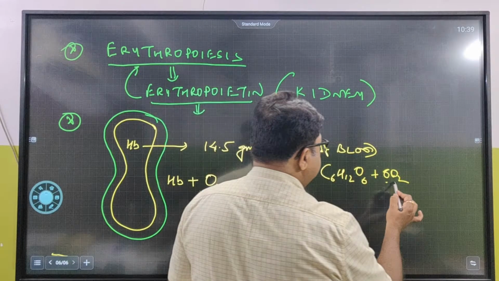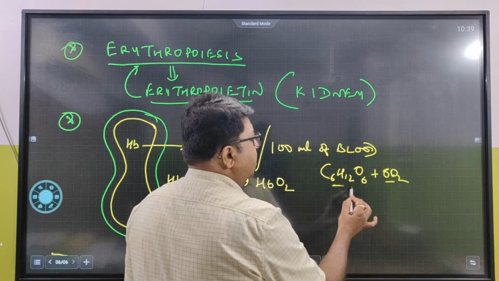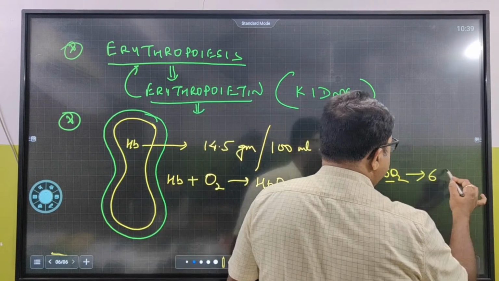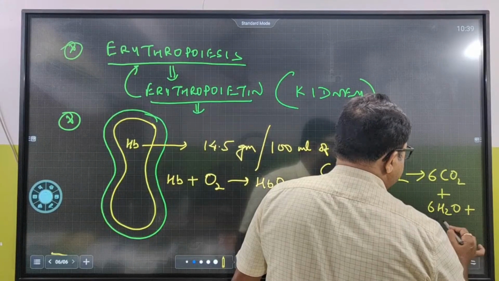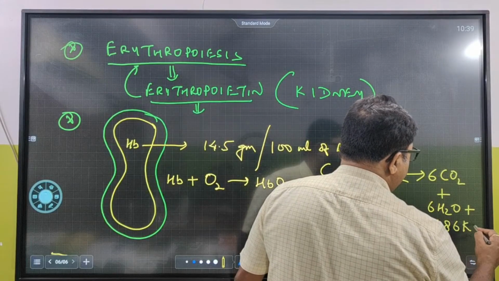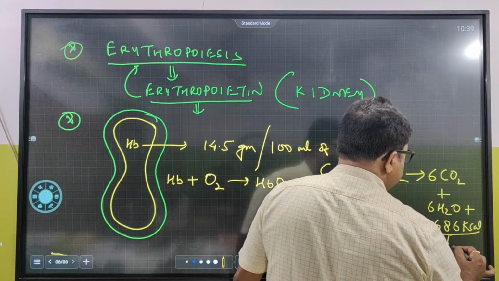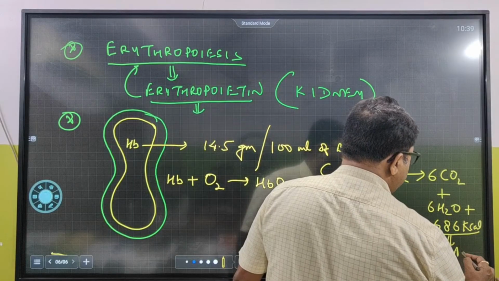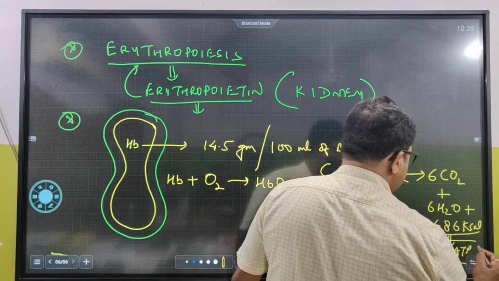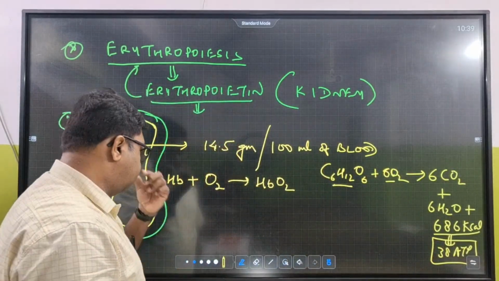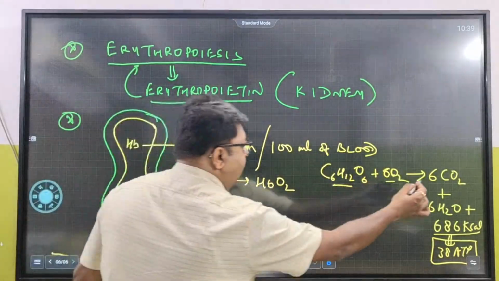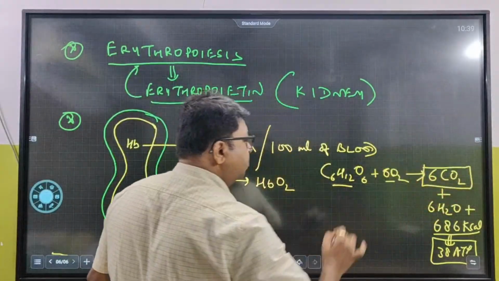When we inhale air, the glucose gets broken down in presence of oxygen to give carbon dioxide plus water plus 686 kilocalorie of energy, which is equal to 38 ATP. That means one molecule of glucose can fetch us 38 ATP. And ATP, we know, is the energy currency of the cell. In that case, this carbon dioxide needs to be transported out of the body.